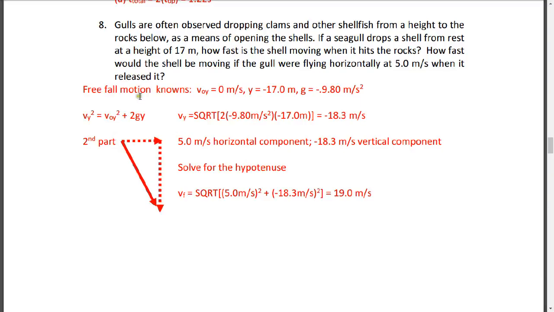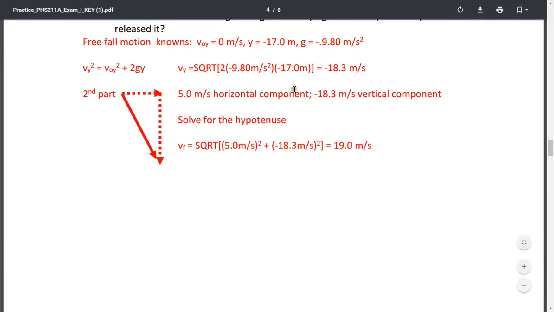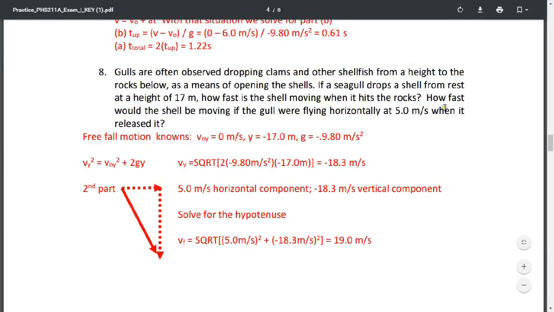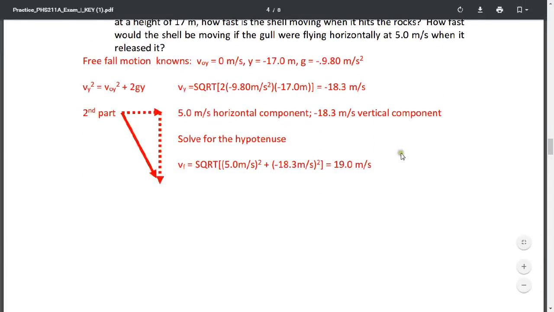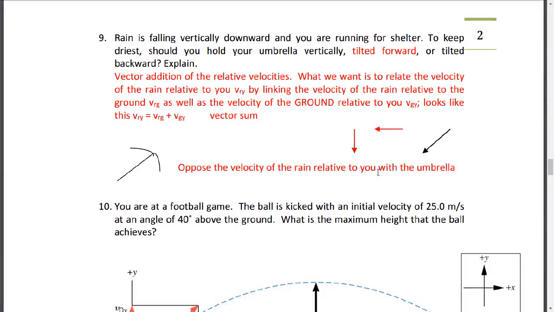I would get a velocity of 19 meters per second, and I could actually figure out the angle and stuff if I wanted to. In this case, it didn't ask that question. It just asked how fast is the shell moving when it hits the rocks. So I just solved for the velocity, and I gave the magnitude of the velocity. I could give the direction too if I was a better person.